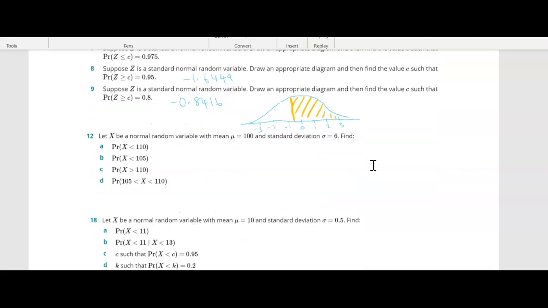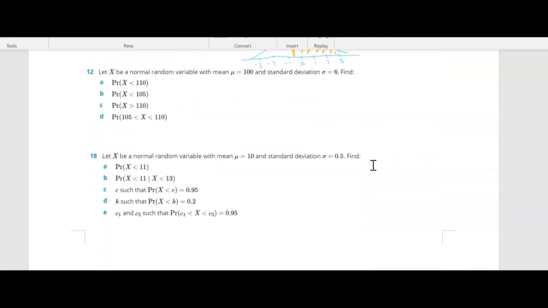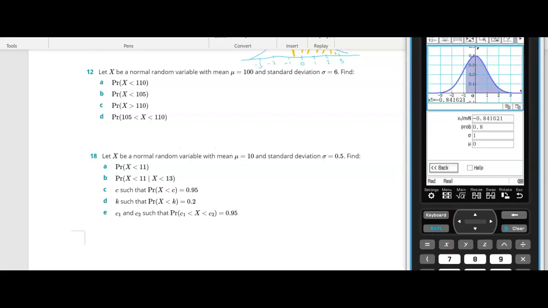All right, question 12. This time we've got a different value of the mean and the standard deviation. So it's no longer a standard normal distribution, but you do your working out the same way. We did one of these before with the examples.